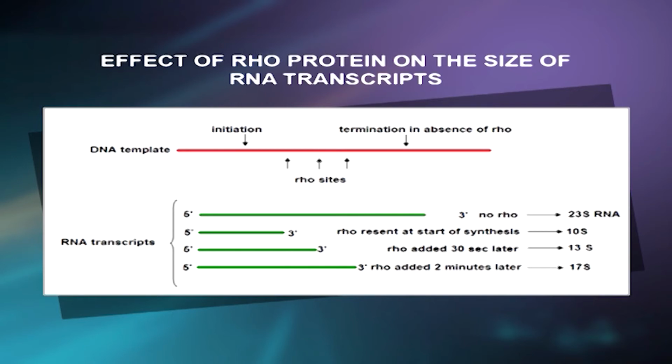If no Rho was added, transcription yields 23S RNA product. It is evident that the template contains at least 3 termination sites that respond to Rho, yielding 10S, 13S and 17S, and 1 termination site that does not respond to Rho, yielding 23S RNA.